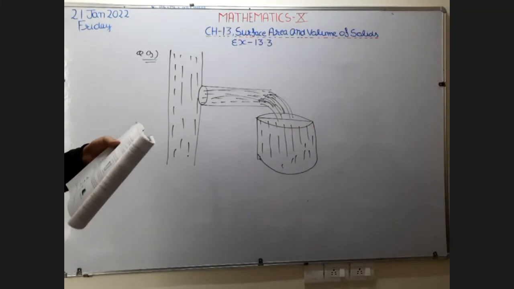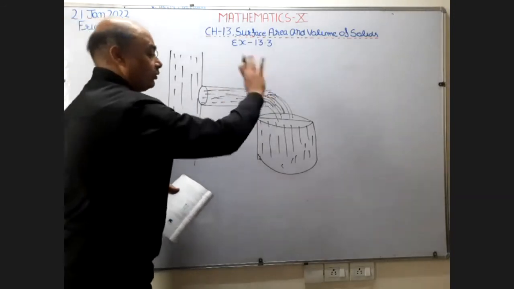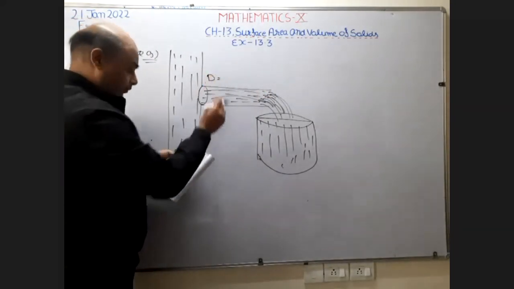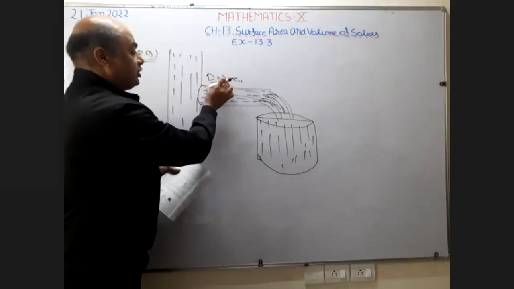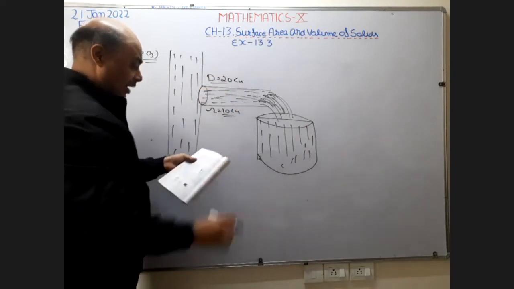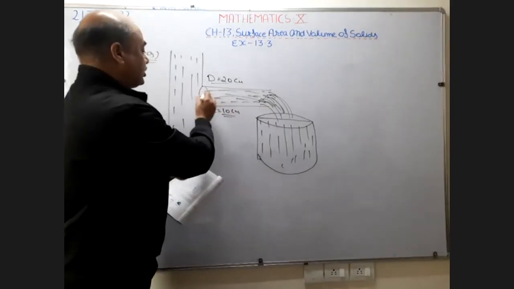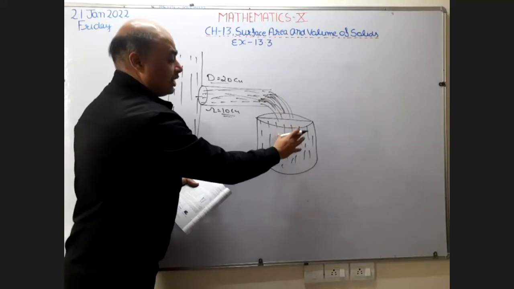Now read this question again. A farmer connects a pipe. This pipe is going to connect to the canal. The dimension of the pipe is given. What is the diameter of this pipe? 20 centimeter. If the diameter is 20 centimeter, the radius becomes 10 centimeter. Now water starts moving from this pipe, and this water is going to be stored in another cylindrical tank.